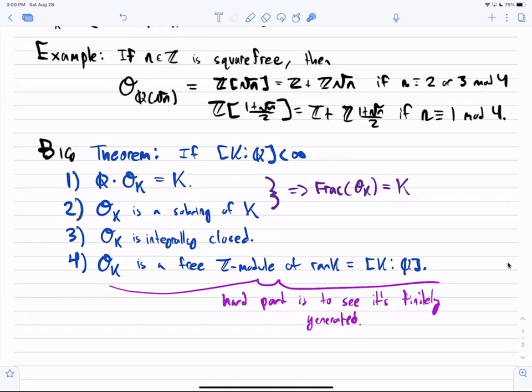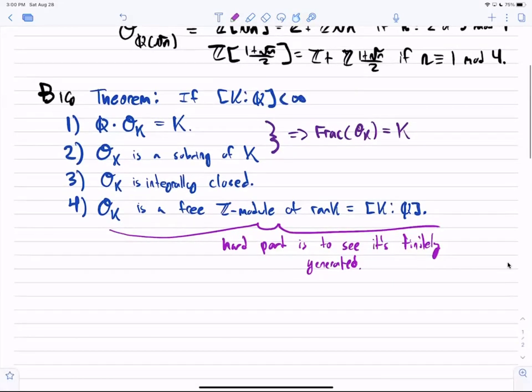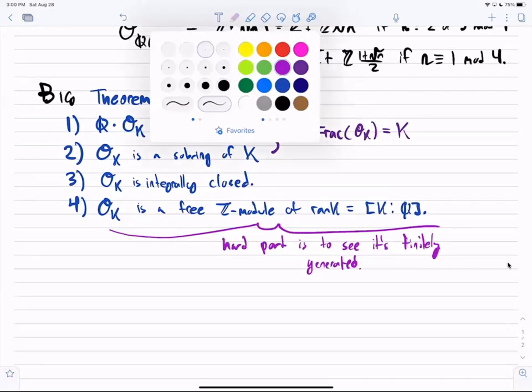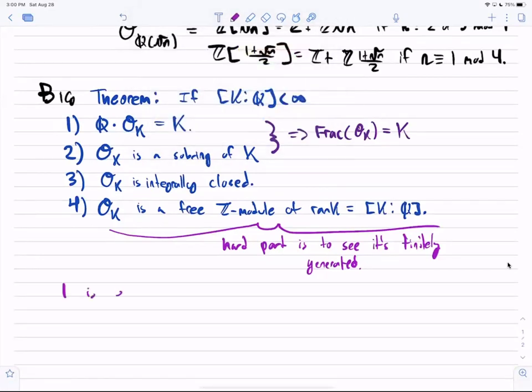And I should say, in the property, 1 is elementary. Again, I'll prove it in a second. So 2 and 3 basically follow from much more general statements that we'll talk about. There's a theory of integral elements for arbitrary extensions of commutative rings, and 2 and 3 are just special cases of results in that world.